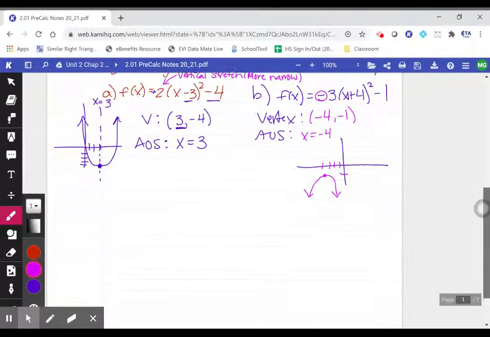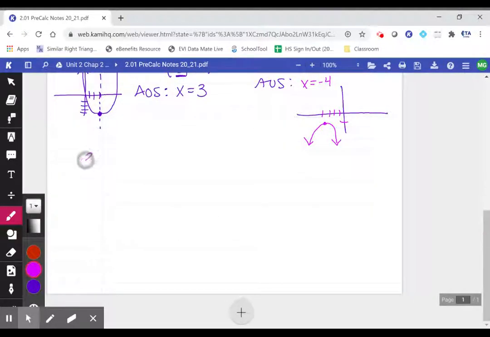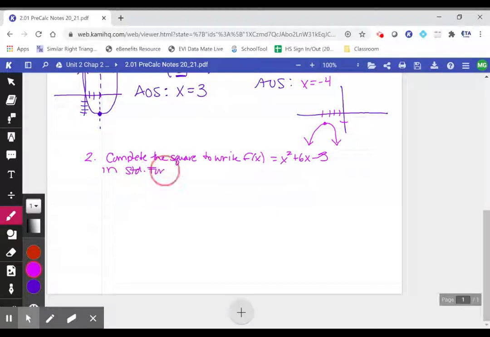All right, next up, we're going to start completing the square. So complete the square to write f of x equals x squared plus 6x minus 5 in standard form. Again, that means vertex form.